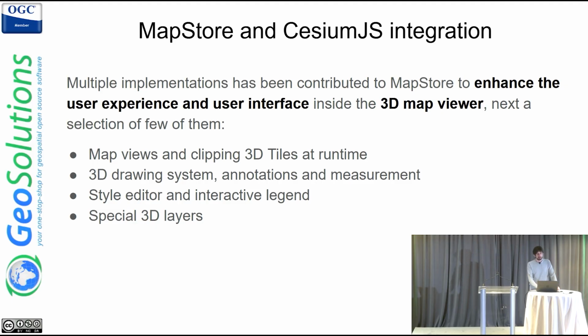In this presentation, we selected a few of the features that we included in MapStore to extend the functionality that Cesium has. We used the Cesium API and created, apart from the UI, also the code part that we'll share now, for these macro groups that are selected here.